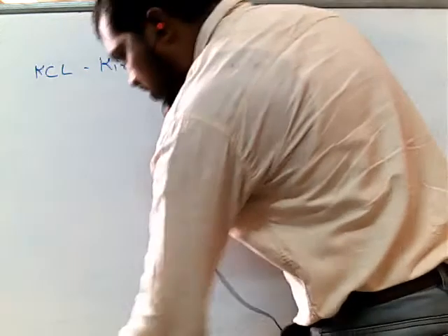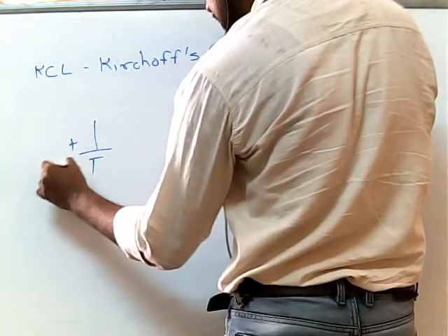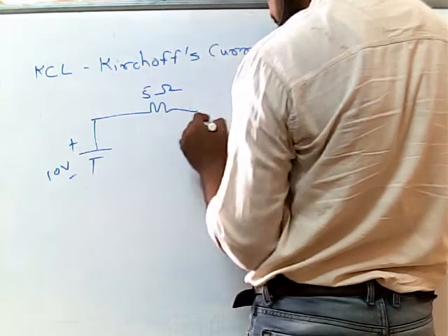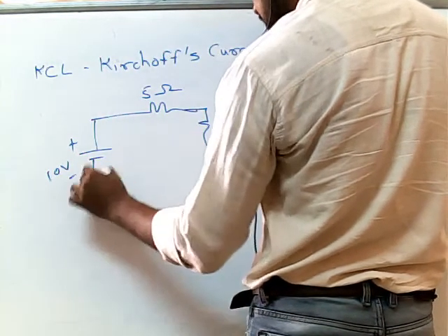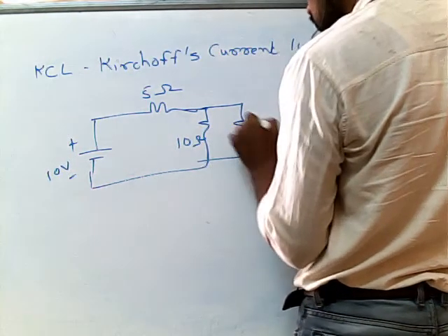Kirchhoff's current law. If I draw a circuit, let's say some circuit is there. This is a 5 ohm resistance, and this is a 10 ohm resistance, and this is also a 10 ohm resistance.